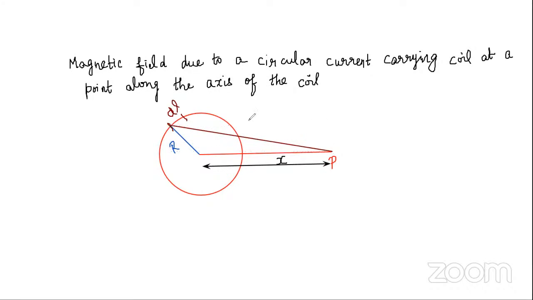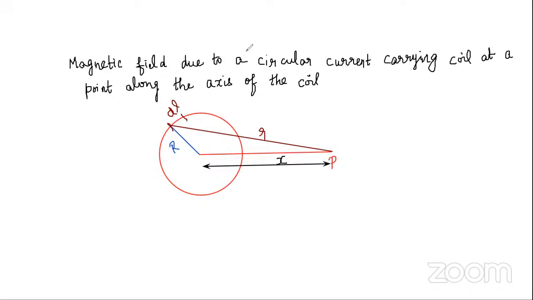So what is the magnetic field due to the entire current carrying circular coil at this point P?